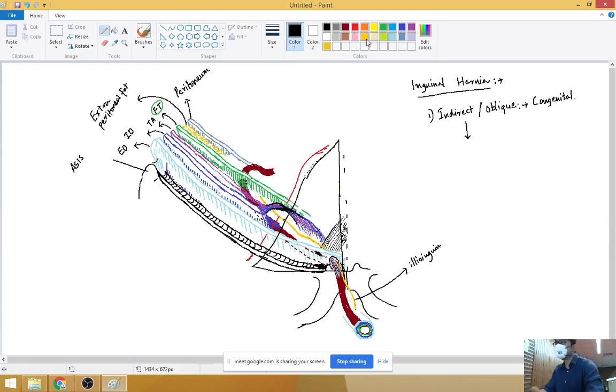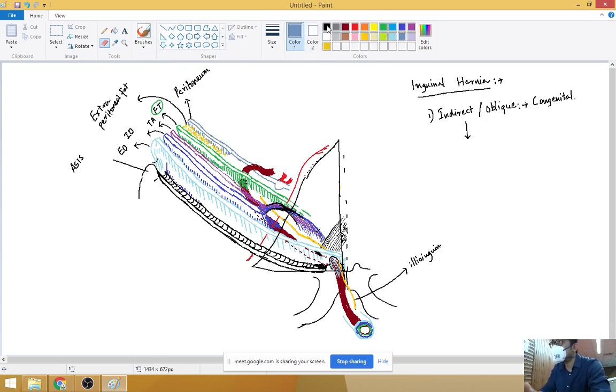Very good. So now, suppose an intestinal loop has come like that. From here, if the intestinal loop comes like that, the first layer it will cover will be this, isn't it? It has to give pressure over here. So what is that first layer?